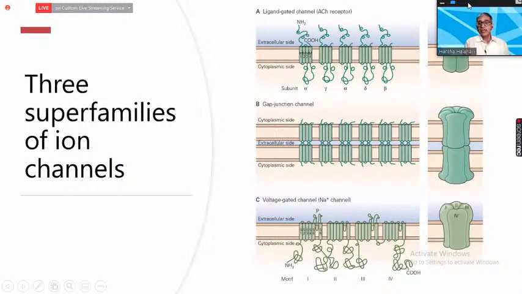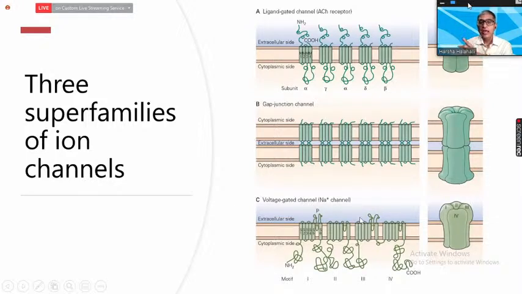Now, ion channels are of various types. They allow movement of different ions. They all belong to broadly three superfamilies. The glutamate type of channel family, then you have the gap junction type of family, and you have the voltage-gated sodium channel type of family.